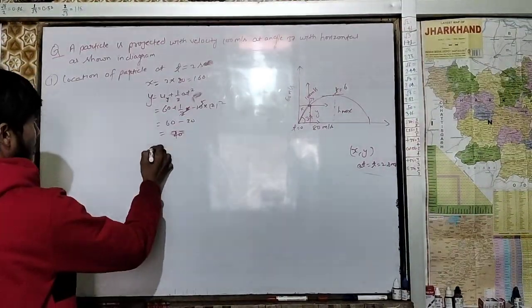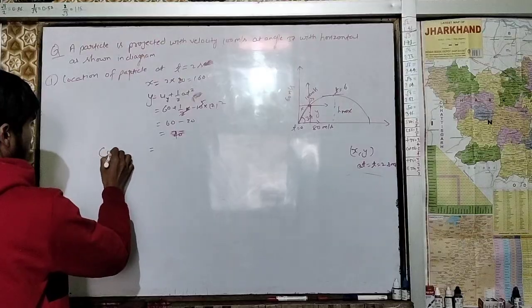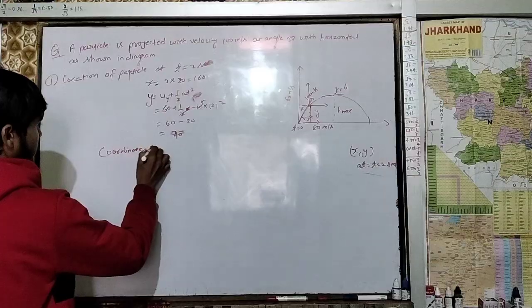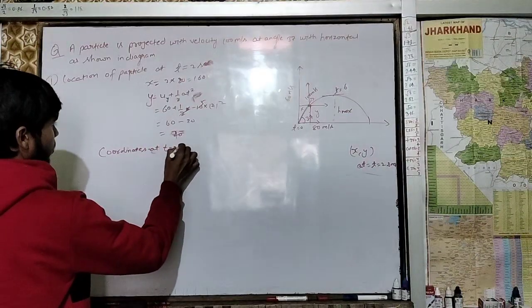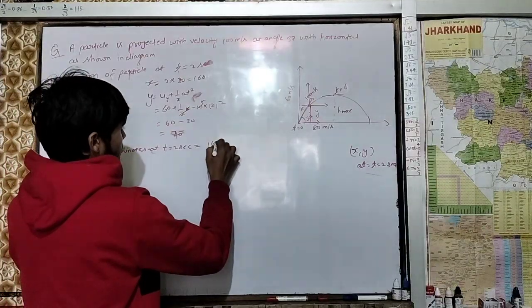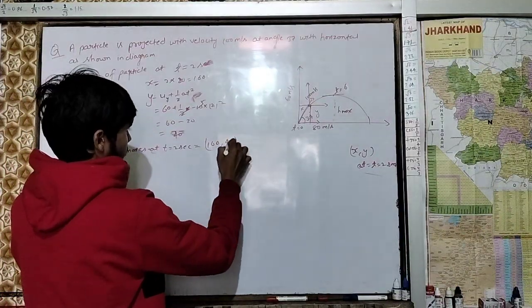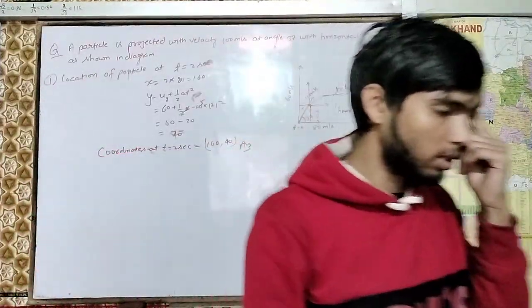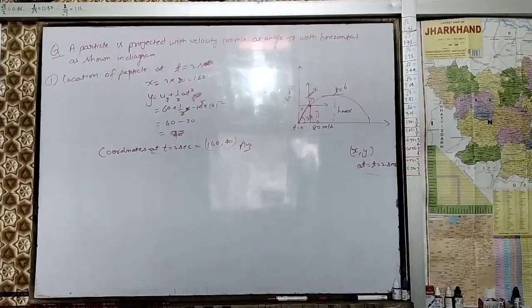So finally you got the coordinates at t equal to 2 seconds, which is 160 comma 40. This is the location of a particle at 2 seconds.